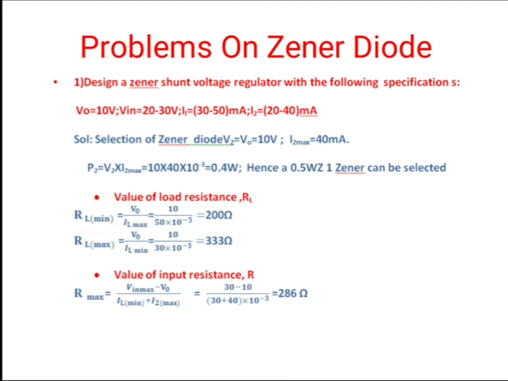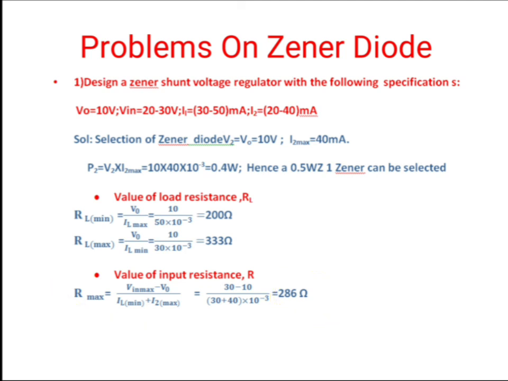Accordingly, the value of input resistance R max is the change in input voltage minus output voltage, divided by load current plus I1 plus I2 maximum. Both the values are taken and substituted, and we have 286 ohms. This is the input resistance.